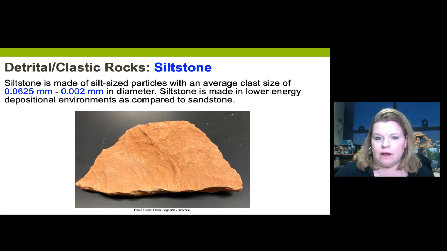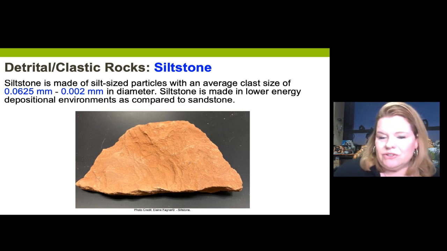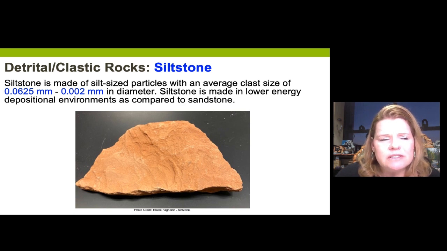You would probably recognize this as the material that gets caught in silt fences at construction sites, because the silt fence is designed to catch small grain materials like silt that washes off during storm events. In comparison to sandstone, siltstone is going to have a much lower energy of water movement.